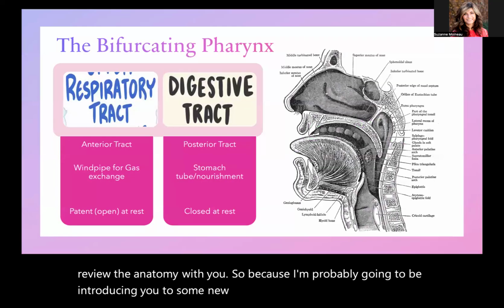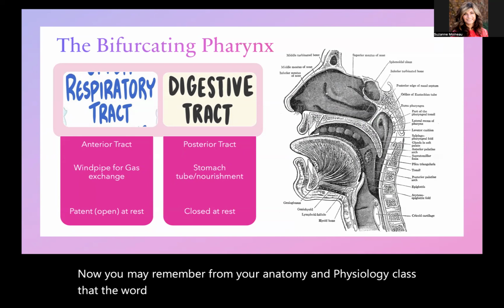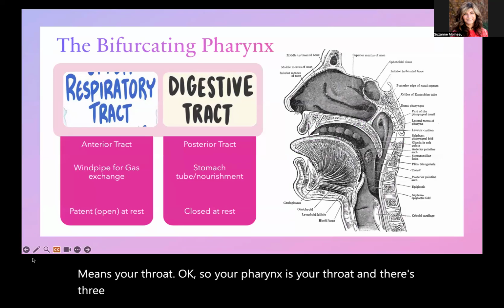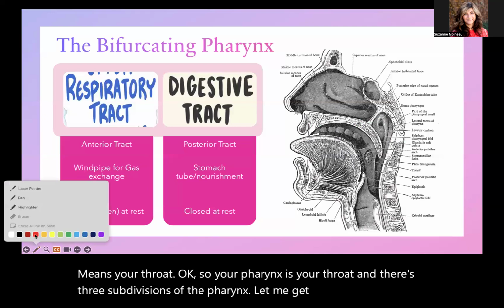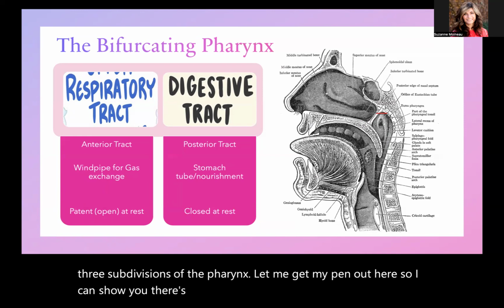Okay, let's move forward. Now, you may remember from your anatomy and physiology class that the word pharynx means your throat. Okay, so your pharynx is your throat, and there's three subdivisions of the pharynx. Let me get my pen out here so I can show you. There's three subdivisions of the pharynx.